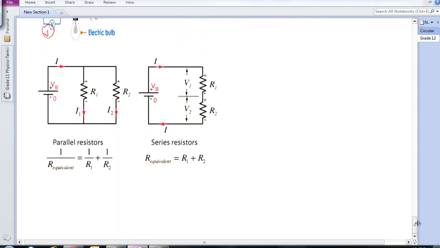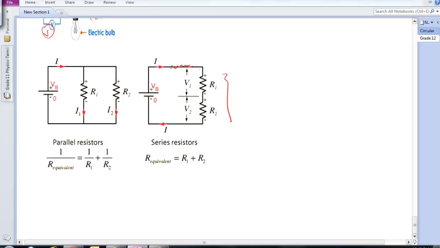Finally, the connections. We have two types of circuits: parallel or series. The series circuits are just resistors that are connected in one branch or on one path, and this one path can also be here.